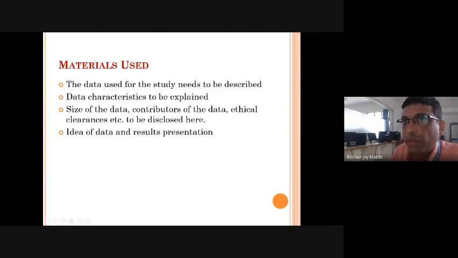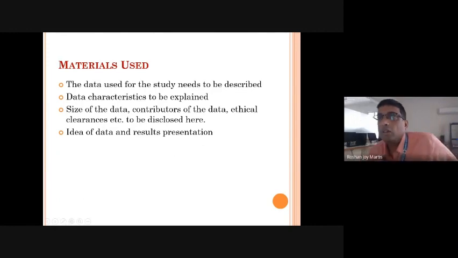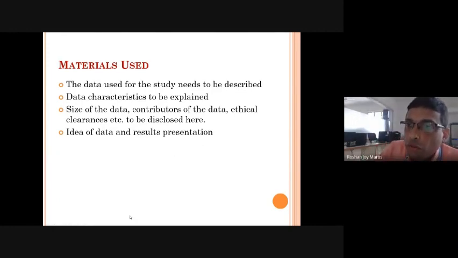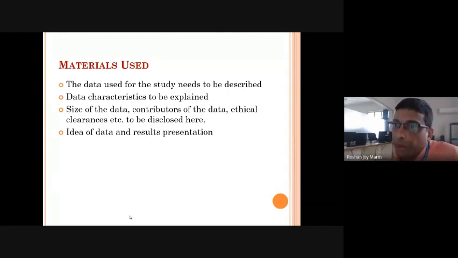Then the materials you have used. Which data you have used in your research, you need to mention. Then the characteristics of the data, size of the data, who has contributed that data, from where it was collected, whether proper ethical clearance was obtained. All those things need to be mentioned in this section.